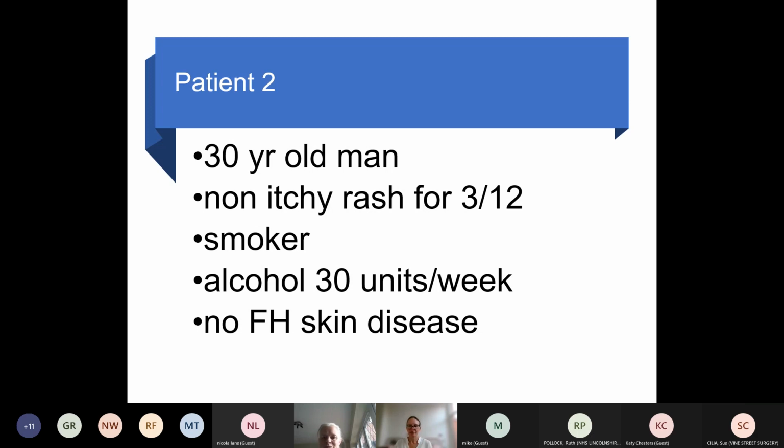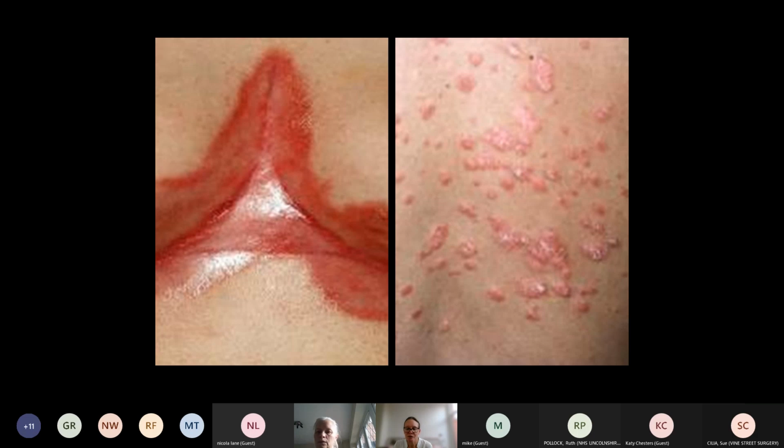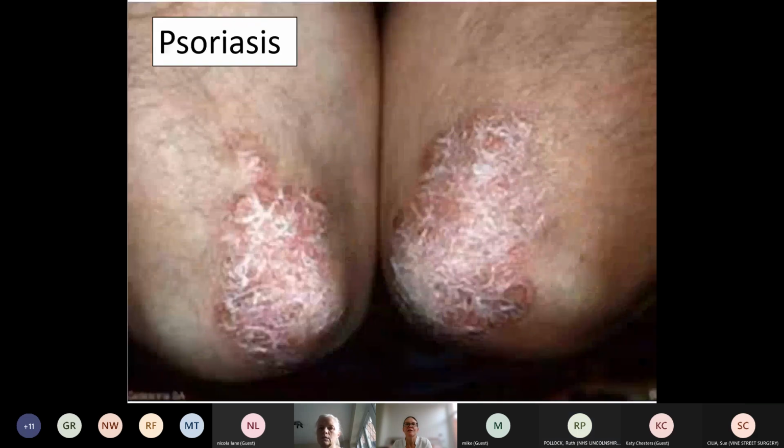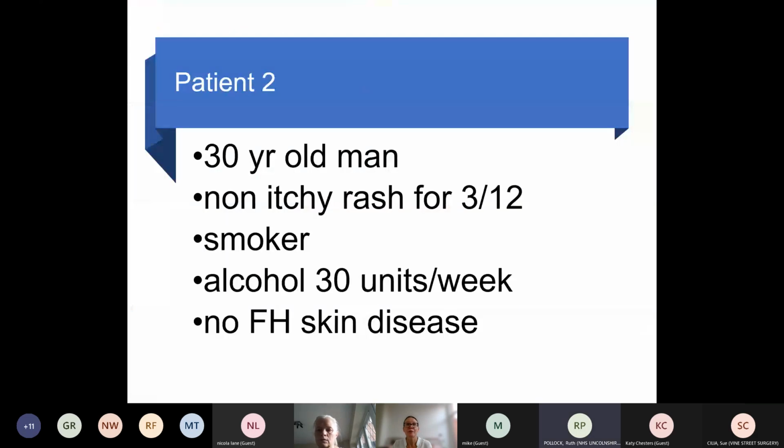So there's a bit of the history. Any other questions that you want to ask this person who's got this rash? Occupation. Medication.